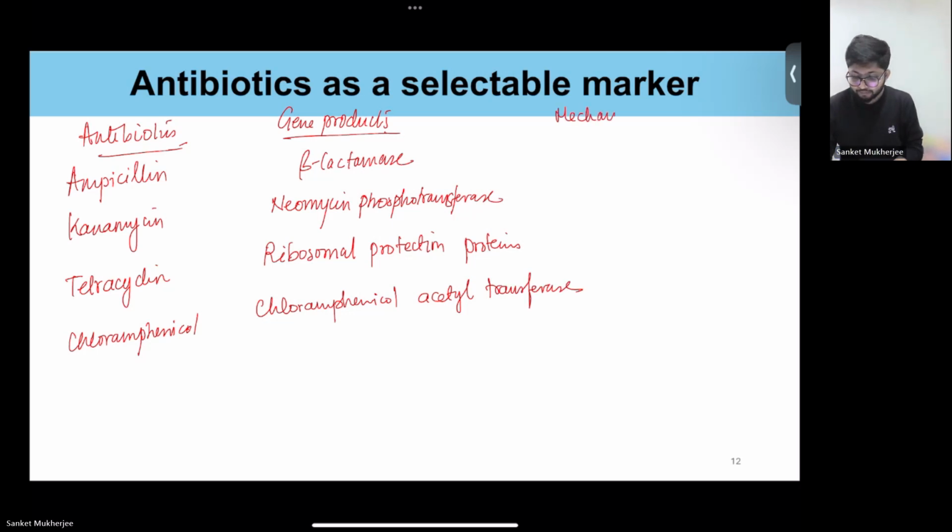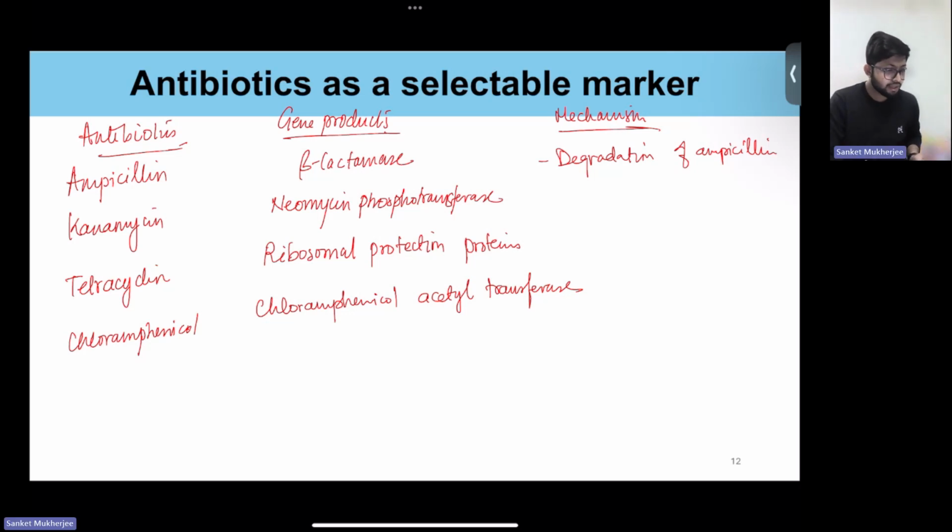The mechanism is like degradation of ampicillin, kanamycin. Okay, anyway.